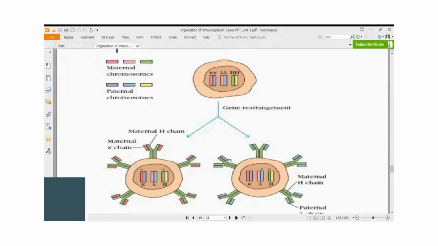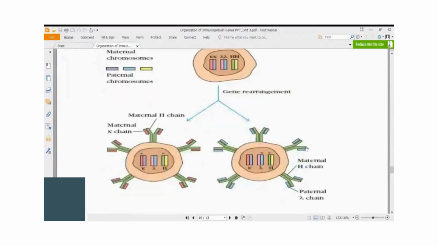Okay. Now take this other B cell. In this cell, the receptor expressed is quite different from the one expressed on your left hand side. In this, what has happened? The maternal gene is chosen for the heavy chain, and for the light chain, the lambda chain, the paternal gene is chosen. Now the mIgM receptor here is different from the mIgM receptor there. Now I hope you understood.